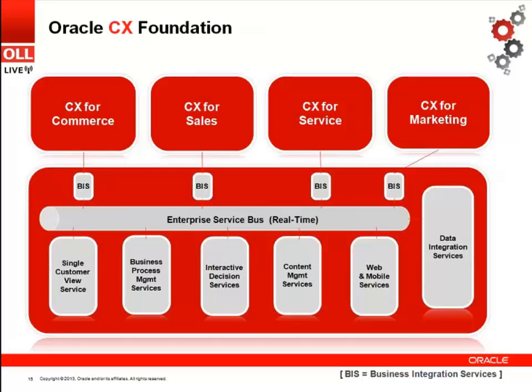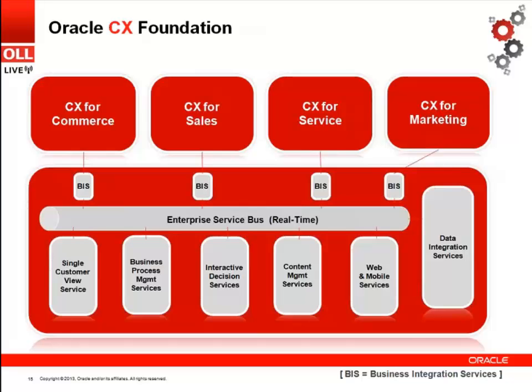And then moving on to the web and mobile services. Most organizations are now providing some sort of mobile application, whether it's from a sales perspective or simply just as a brand, they want to have presence on somebody's mobile device, to be able to provide those services. And then finally, data integration services.